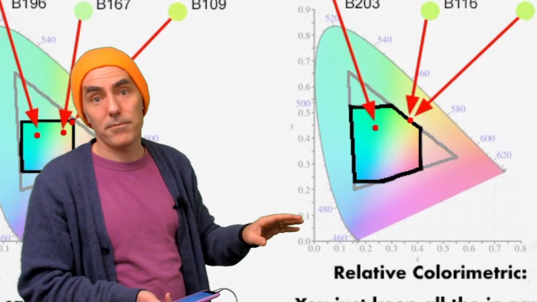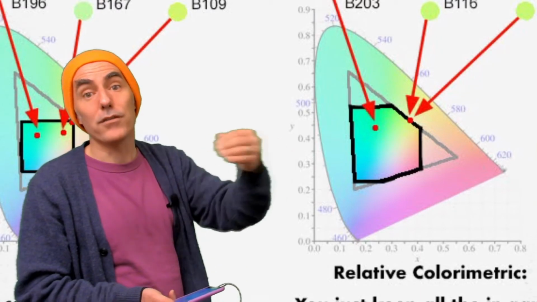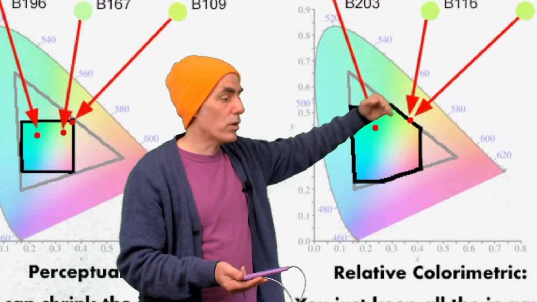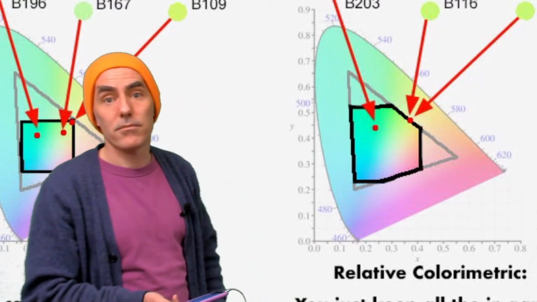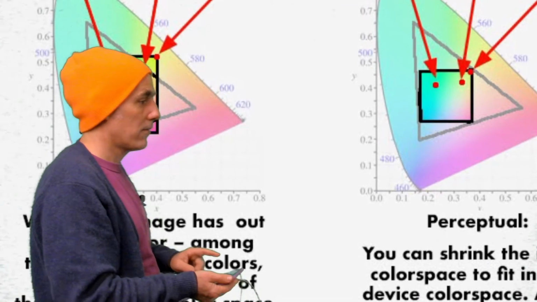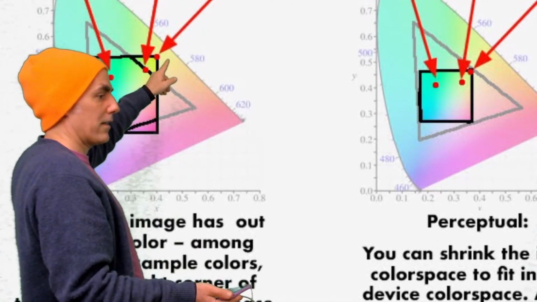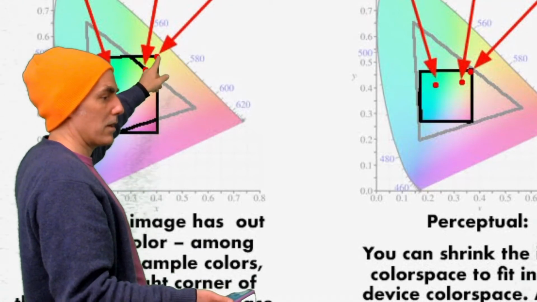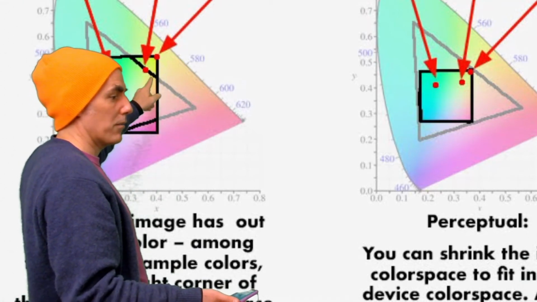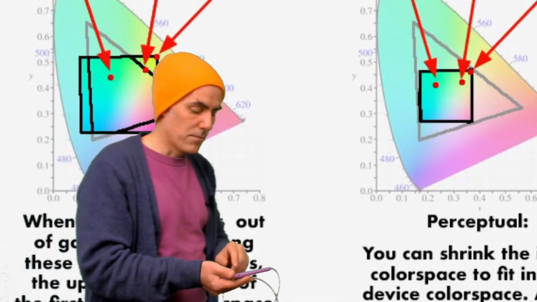The only thing that changes are the colors that are out of bounds, out of gamut. Those colors get brought in to whatever the closest color is. So if this thing is super far out of gamut, I'm just going to bring it in to the closest point, the least change that gets me inside of my new color space.